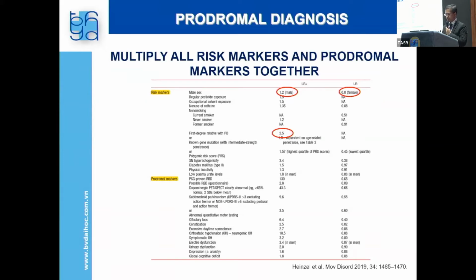And how about the prodromal markers? If you find that the patient has REM sleep behavior disorder proven by polysomnography, you can see the likelihood ratio is very high, positive 130. And then we multiply all the risk markers and all the prodromal markers together.